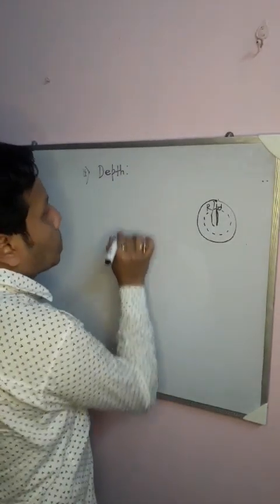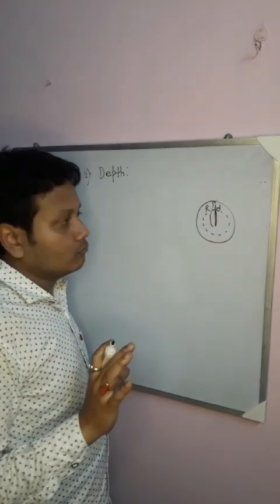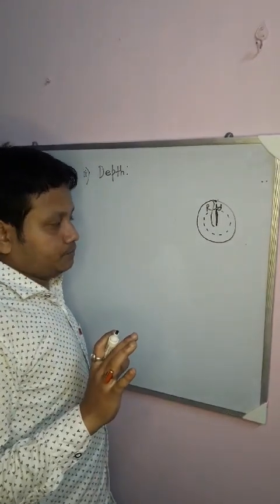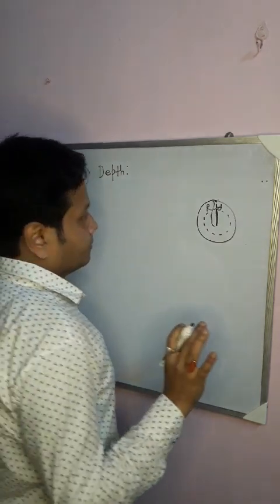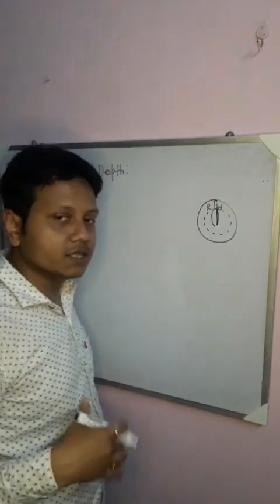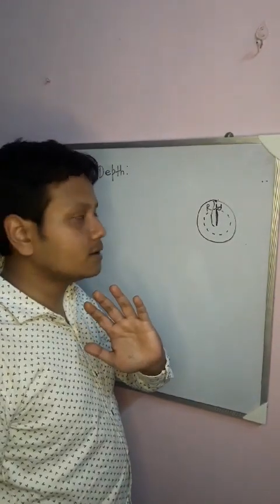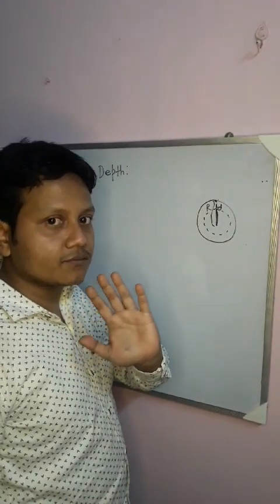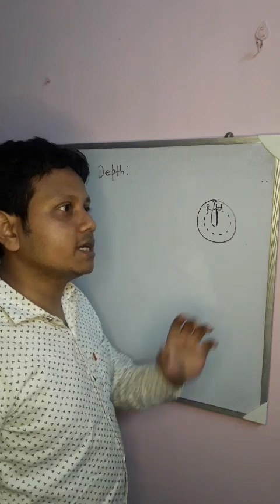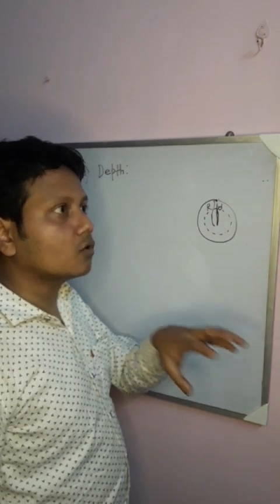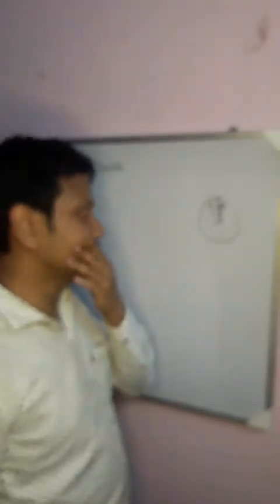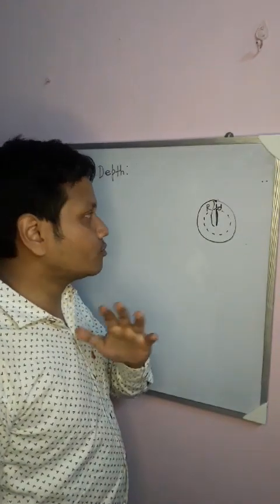Again, there are two spheres, and we will discuss later that when an object is located inside a sphere, it will not experience any force of attraction. That means inside a sphere or a spherical shell, there is no force of attraction.